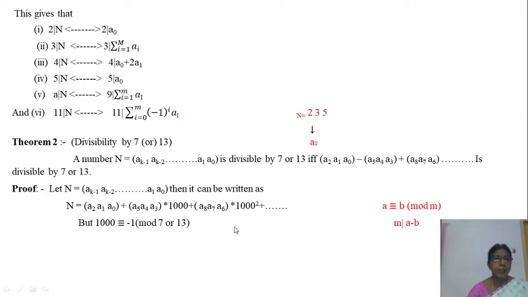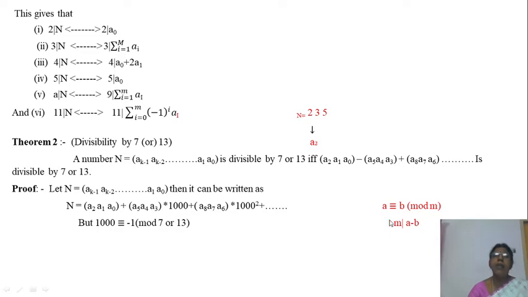and so on. Now 1000 can be written, in congruence language, as 1000 congruent to minus 1 mod 7. You observe, first take 7; the same process works for 13 also. What is the definition of congruence?